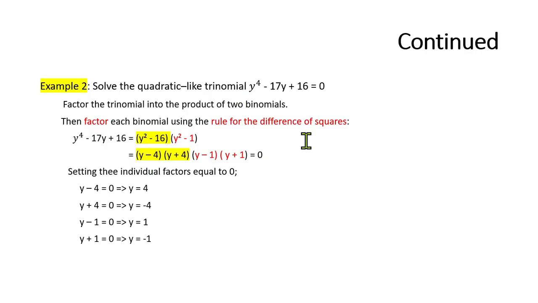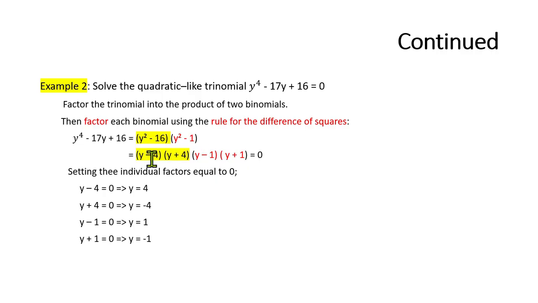Y to the 4 is y squared times y squared, and 16 is 16 and 1, and you get minus 17y squared, so then y squared minus 16 and y squared minus 1.